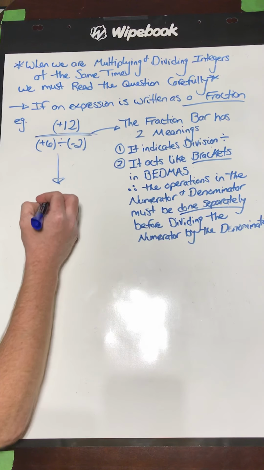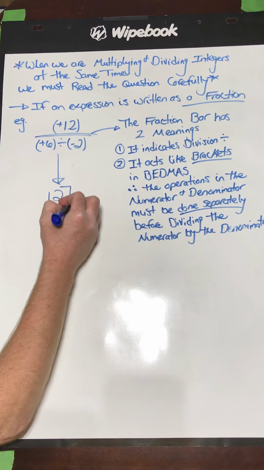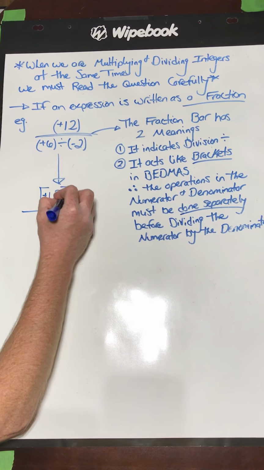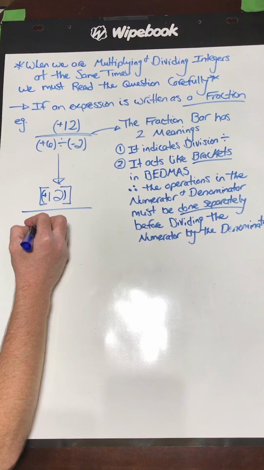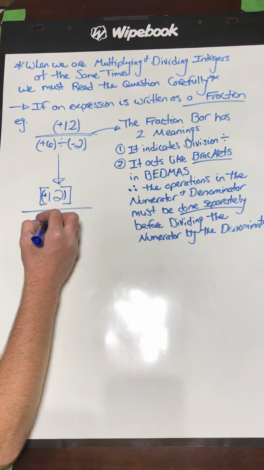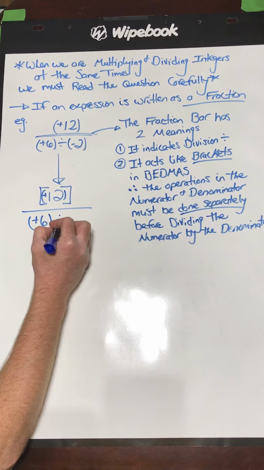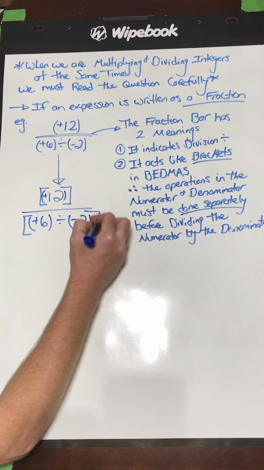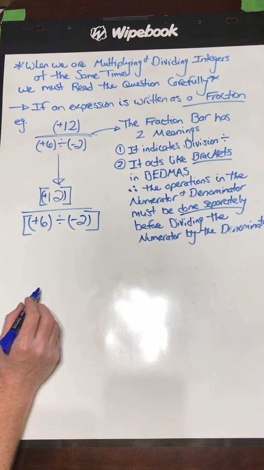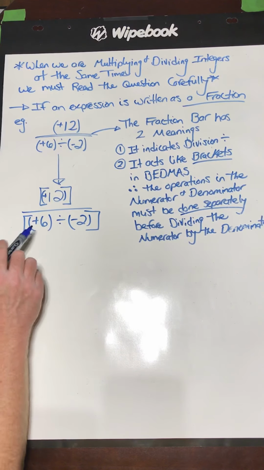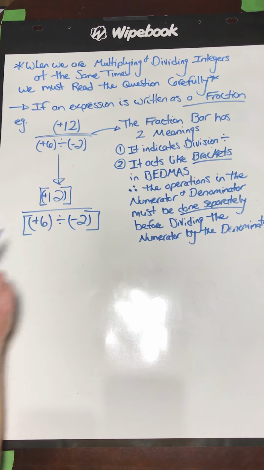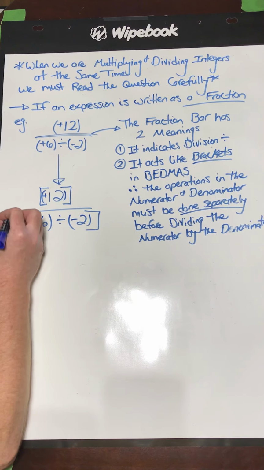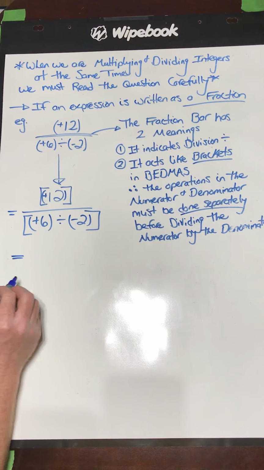What I'm going to do is I'm going to put some square brackets around this expression in the numerator and in the denominator. Okay, and I need to work on the numerator and the denominator separately. Now, obviously, in the numerator, there isn't anything to work with.